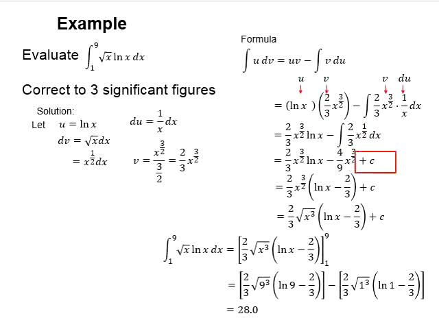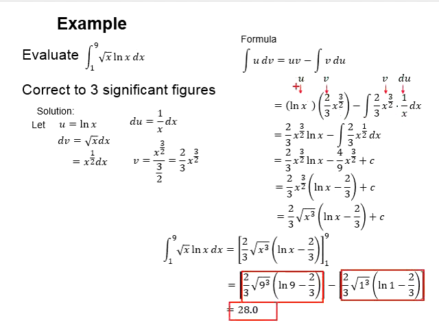Remember to put in a c. Rearrange and simplify the equation. Now you define the boundaries. Substitute the first boundary into the function minus the substitution of the second boundary into the function, and the final answer will equal 28.